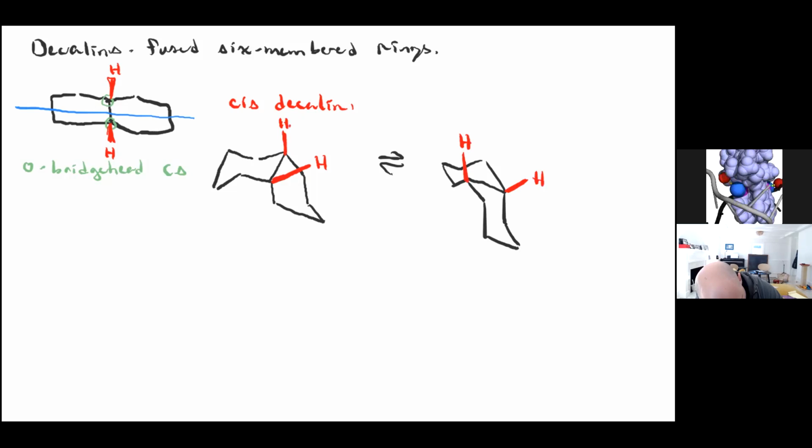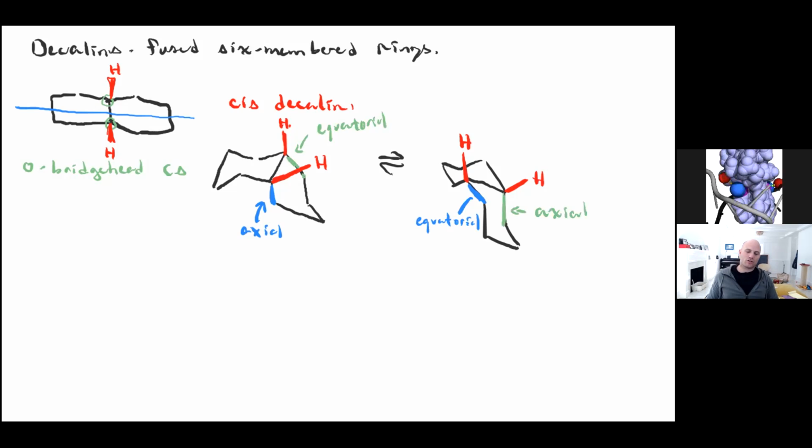Here, this bond is axial. When I do the chair flip, it's equatorial with respect to the other ring. Likewise, this bond in the back here is equatorial in the initial conformer, but when I do the chair flip, it occupies an axial position.